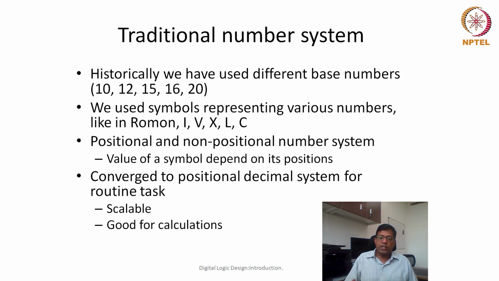But at some other places, like if we want to calculate weight, we had a different system, with a different notion, like 5 kg and then 40 kg, etc. Similarly, at different places of the world, in parts of Europe a base of 12 was quite common, and places like Spain and France had a base of 16 quite common. Similarly, at other places, base 15, base 20, all of these were common base systems.